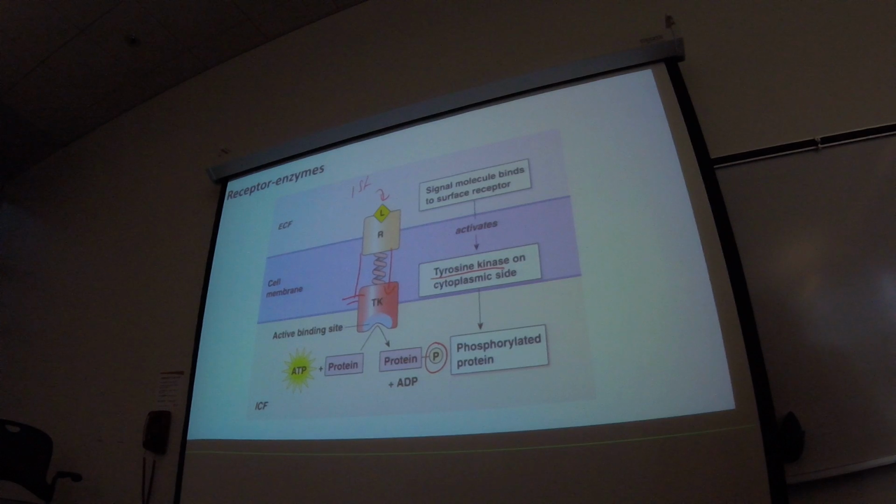It's taking some ATP, and whatever phosphate group comes off the ATP is being added to the protein to make a phosphorylated protein. So this is an example of a receptor enzyme, and this is once again a catalytic receptor.